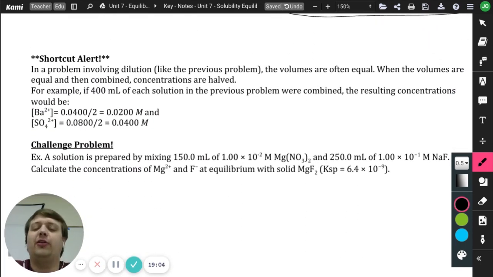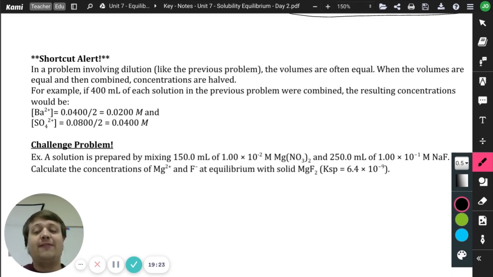Now, before we actually do that, so for shortcut alert, so this is actually something that can help you when you're taking your AP exam or when you're taking the exam in our course. In a problem involving a dilution, just like the previous two problems, the volumes are often equal.